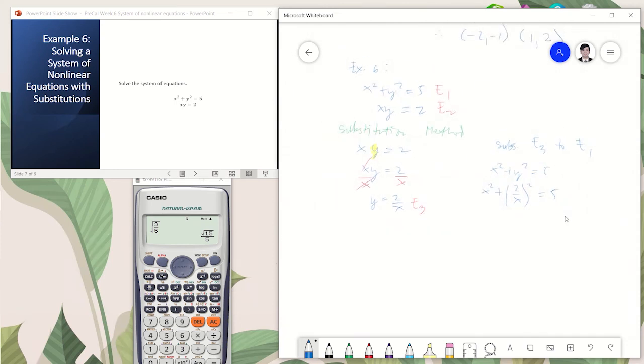Now you're asked to get the square of 2 over x, so meaning 2 over x times 2 over x, numerator times numerator, denominator times denominator. So that would be 2 times 2, 4, x times x, x squared. So x squared plus 4 over x squared is equal to 5.